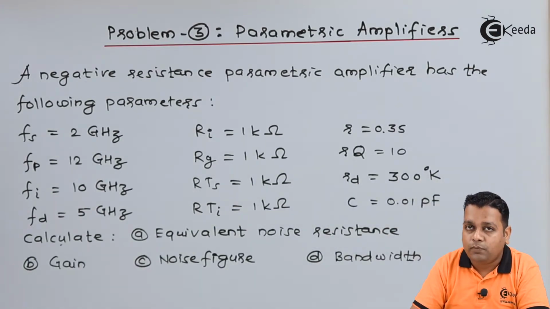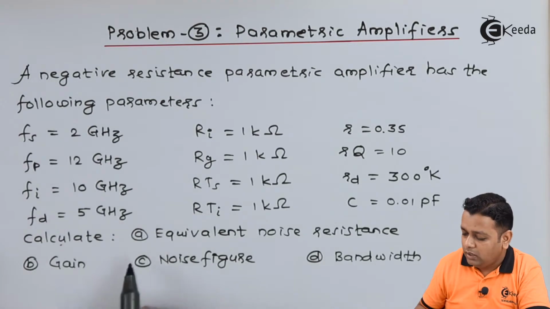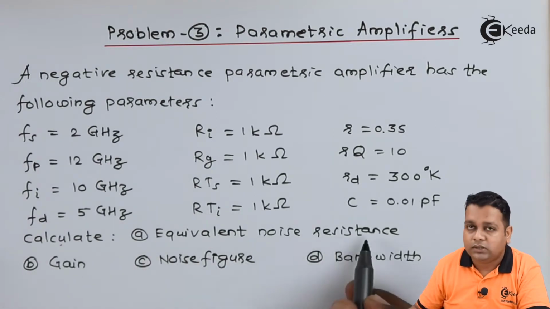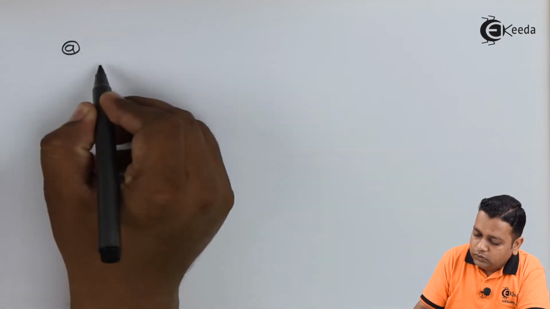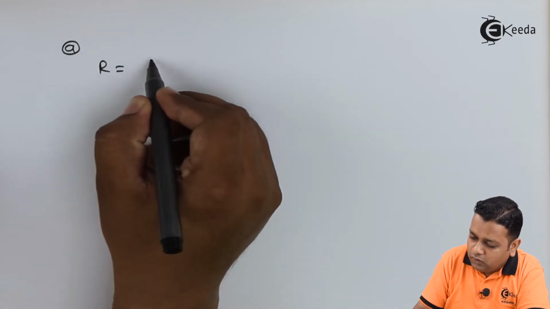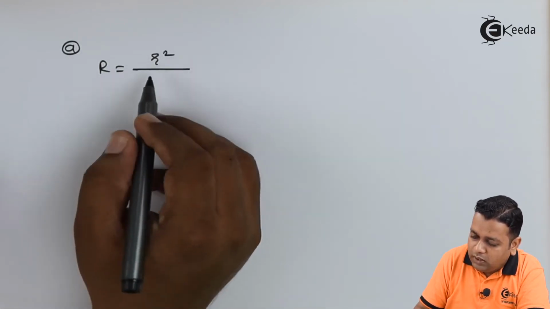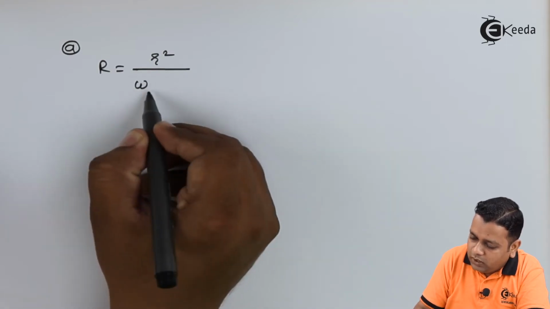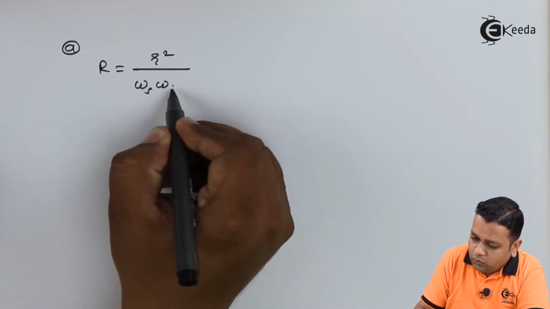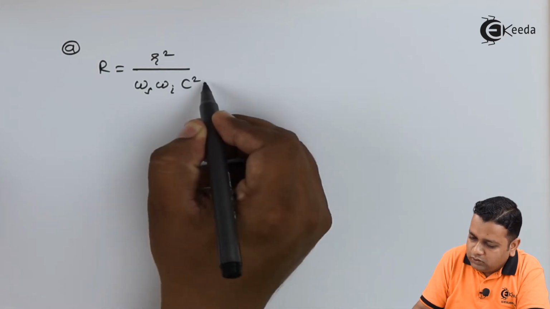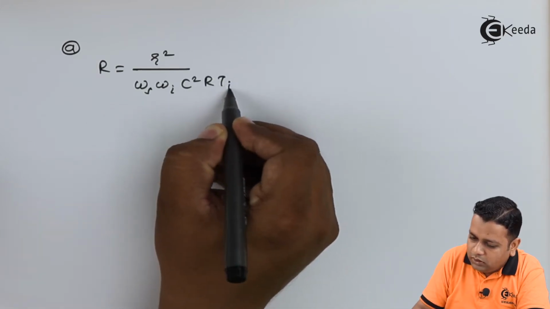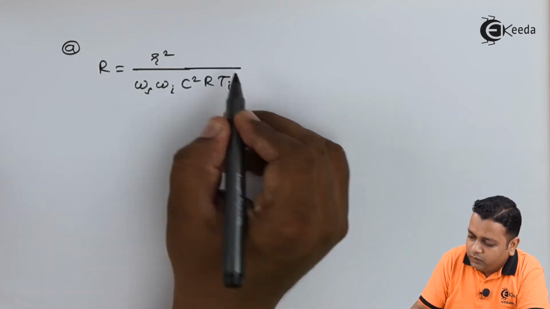Now let us have the computations for part A, the equivalent noise resistance. The equivalent noise resistance can be denoted simply by capital R. Here we have R is equal to small r squared divided by omega s into omega i into C squared into r into RTi.